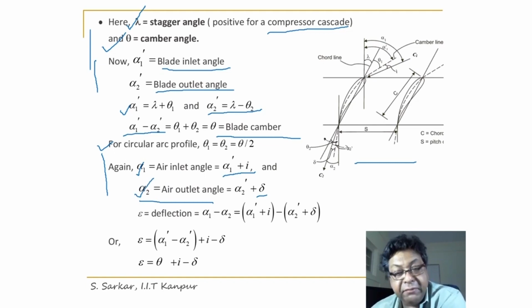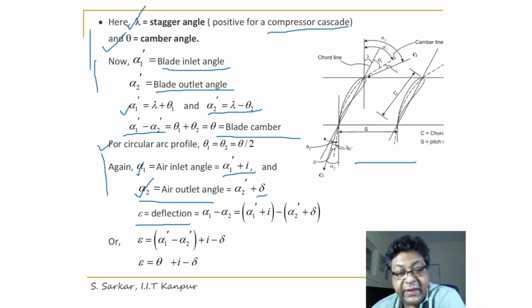Now I'll define a very important quantity which is called deflection. Deflection is equal to alpha 1 minus alpha 2. It says the deflection of fluid as it passes through the cascade, and thus the quantity deflection is related to the lift generated on the blade.